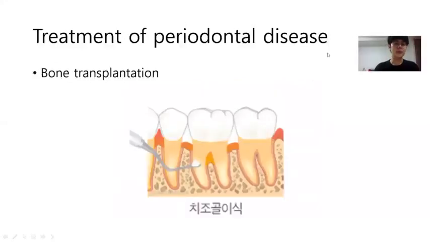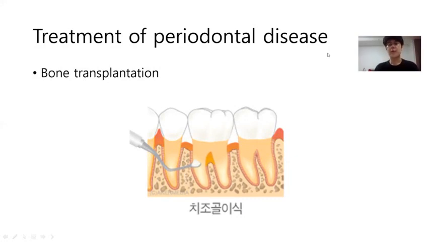And the last thing is bone transplantation. If the alveolar bone is heavily absorbed, the bone can be transplanted during gum surgery. And there are many types of bone transplantation, including the patient's own bone, as you know, self bone, or heterogeneous bone or composite bones.